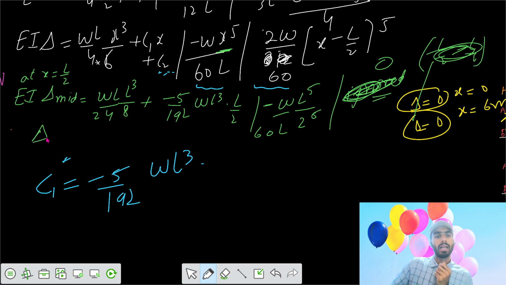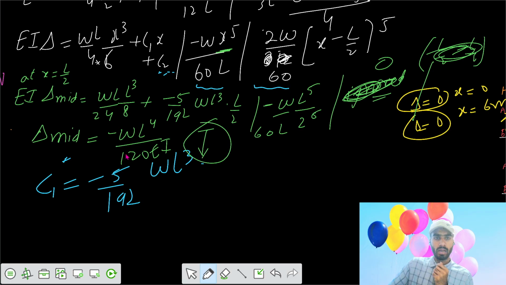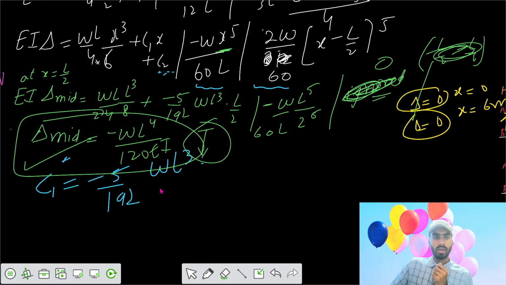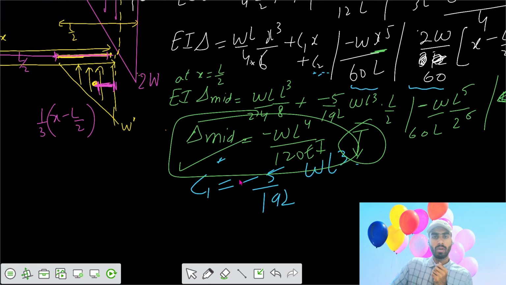So finally we get the delta mid equals minus WL to the power 4 by 120 EI. Negative means deflection is downwards. So this is one of your standard results, that deflection at mid equals WL to the power 4 by 120 EI.